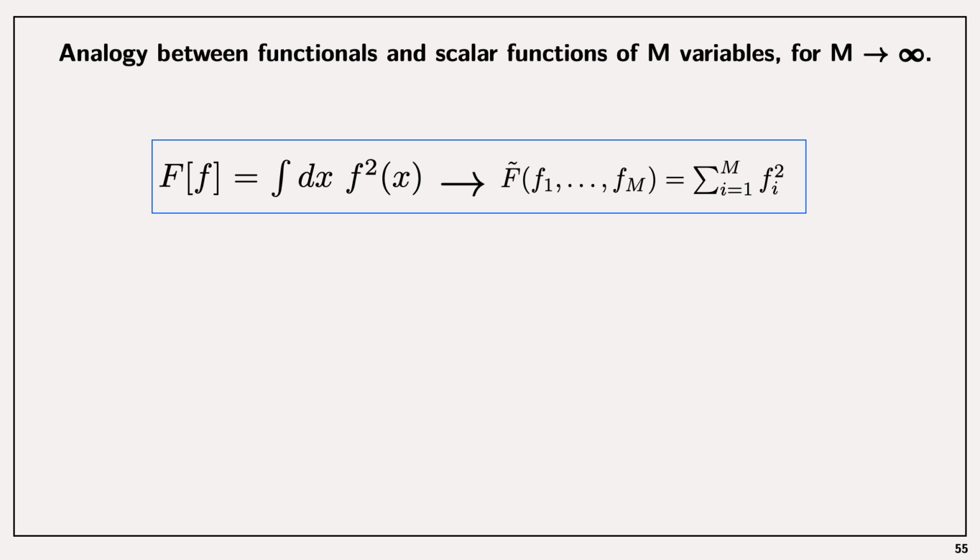And of course, when we do that, this is the same as saying that my new functional on the grid, if you want, f tilde, is no longer a functional but a function of a bunch of numbers going from 1 to m, a series of numbers, which are the discretization of my function. And of course, it's simply a sum. And for this, we are used to this. I mean, we know that this is just multivariable calculus, the usual one that we are used to.